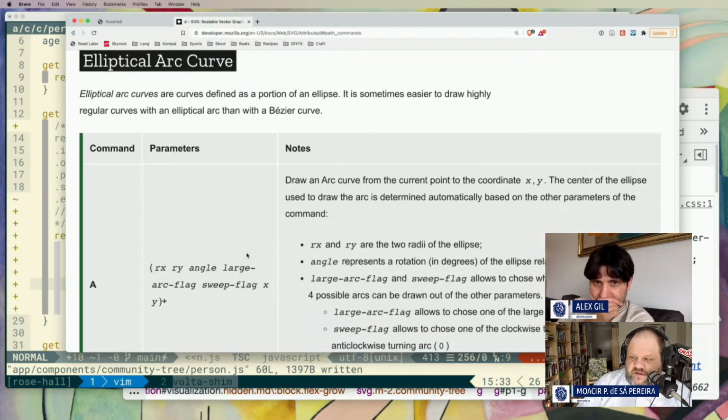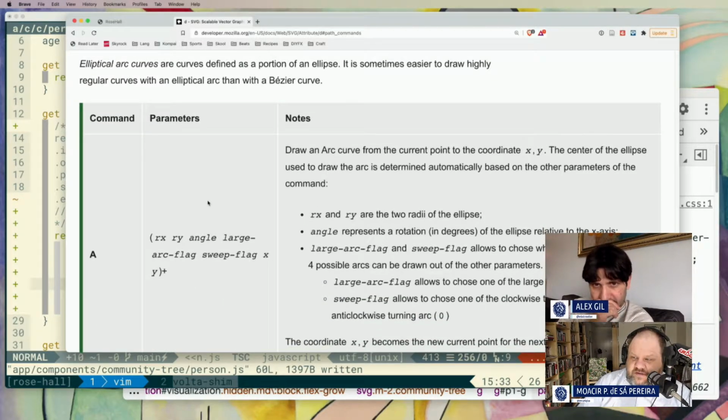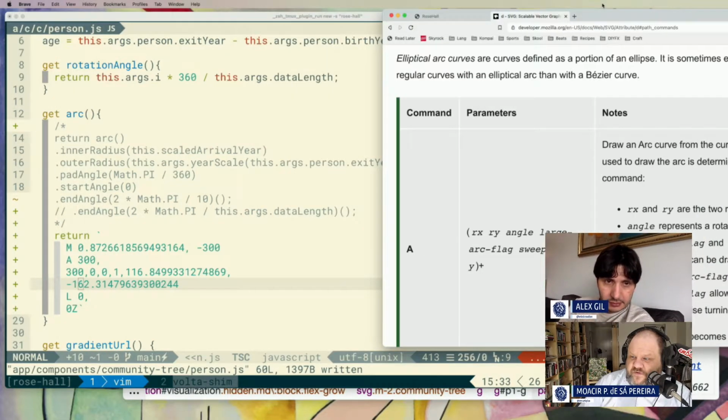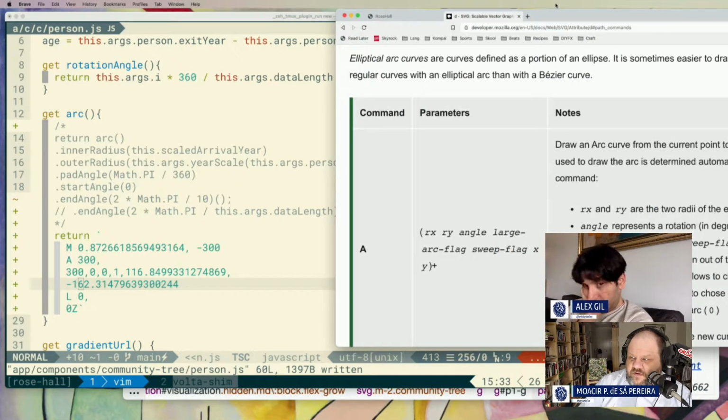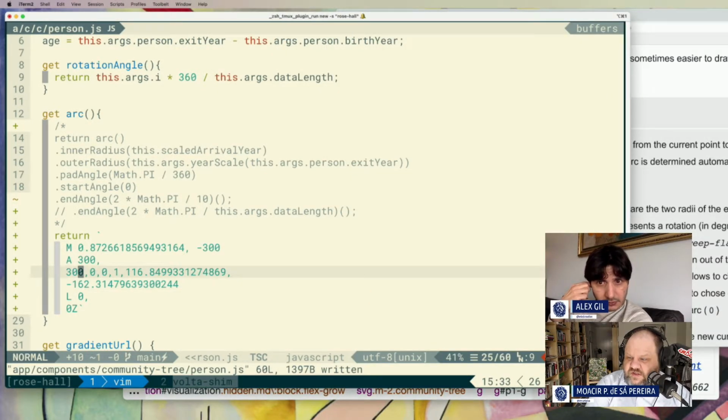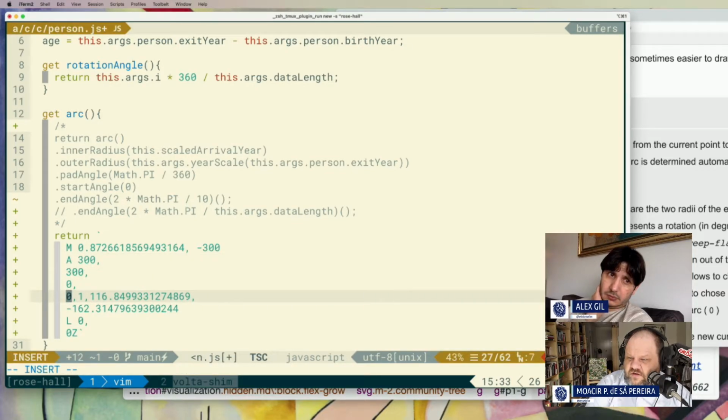So A is made up of an Rx, an Ry, an angle.